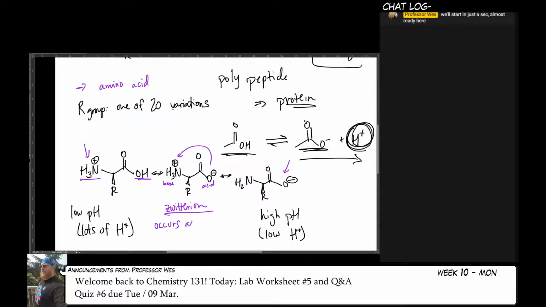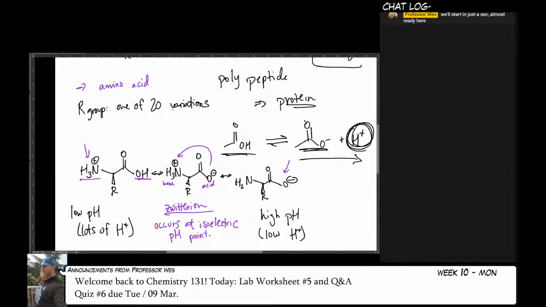And it occurs at the isoelectric pH point. In other words, at some pH, my protein has charges on both ends, and the overall total charge is 0.